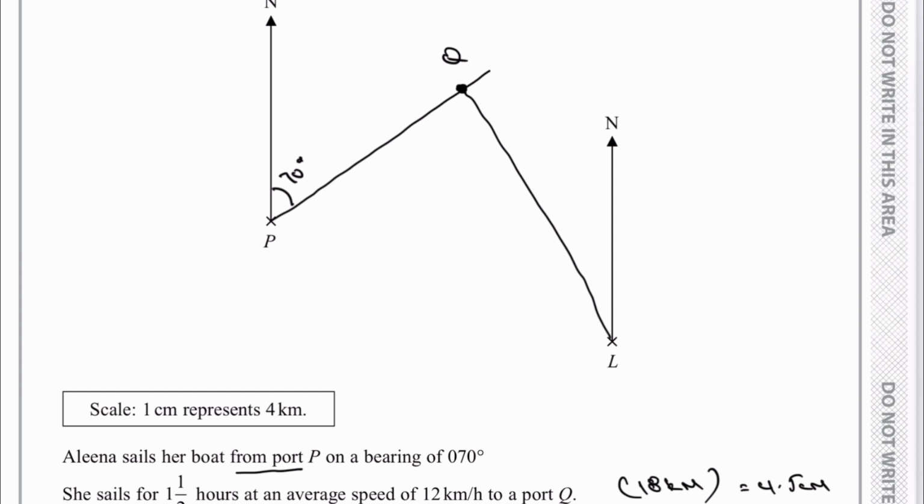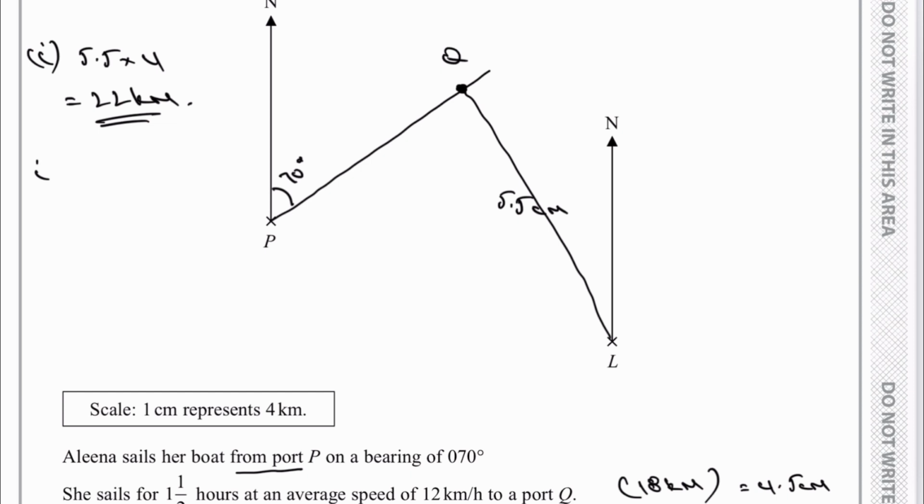I've done it fairly much as a sketch, but looking at the answer to question 1, this is a distance of 5.5 centimeters on the drawing I did. Now don't forget the scale, so each centimeter represents 4 kilometers, so it's 5.5 multiplied by 4, and that gives me a total of 22 kilometers from lighthouse L to port Q.